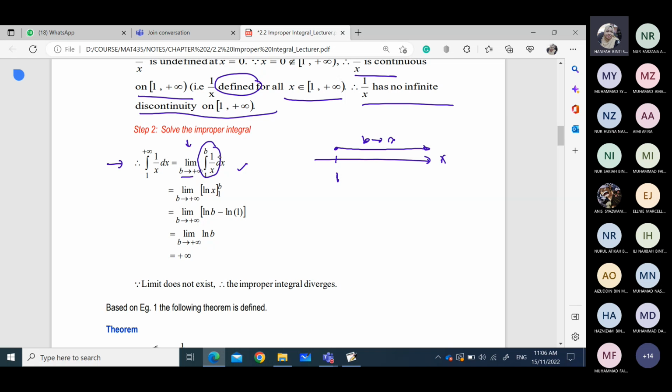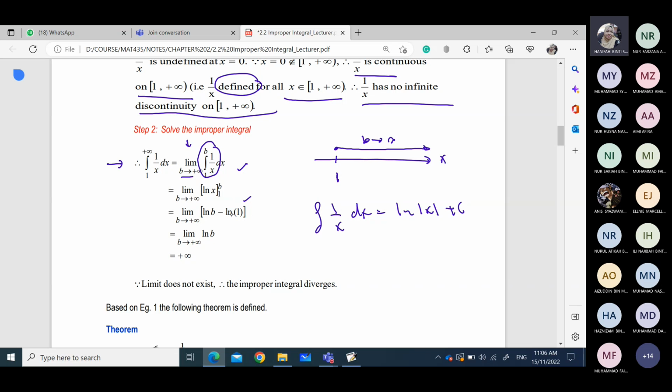So integral 1/x dx, it is equivalent with natural log of x. Okay, so kalau ada limit, we need to the upper limit minus with lower limit. Okay, so we solve for this integral. Then here we have natural log of x, where x is 1 to b. Okay, where since b approaching to infinity, so here we have natural log of b minus natural log of 1.